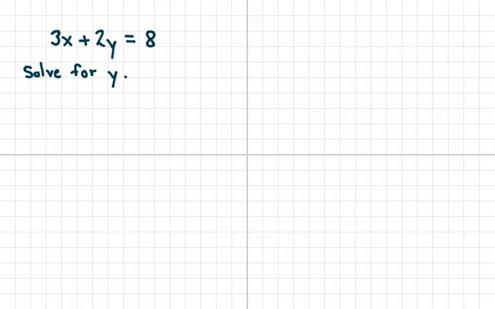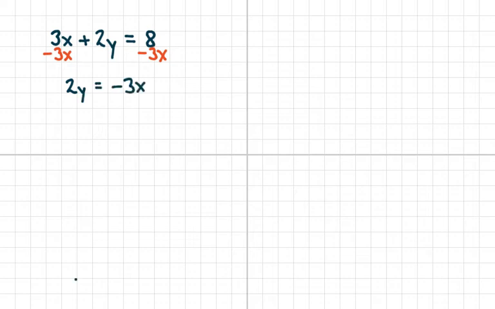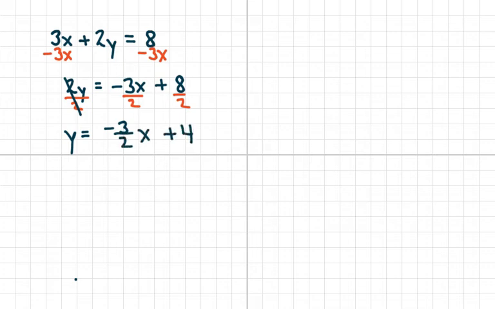Okay. All right, so you pause the video. We would have subtracted 3x from both sides. So now we've got 2y is equal to negative 3x plus 8. And then we would have divided everybody in the problem by 2. So that I have y is equal to negative 3 over 2x plus 4. Okay.